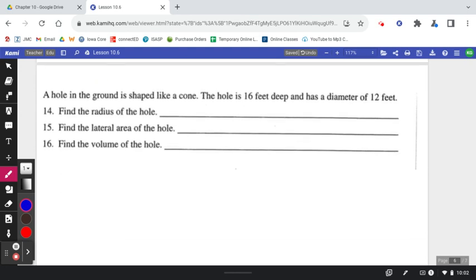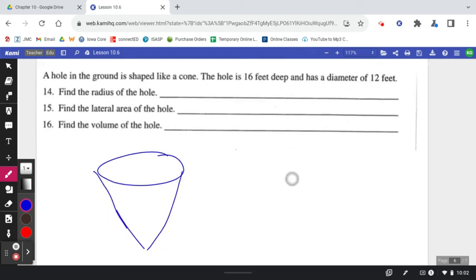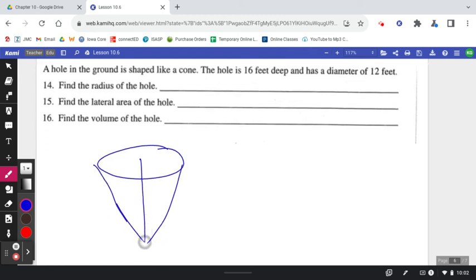A hole in the ground is shaped like a cone. The hole is 16 foot deep. It has a diameter of 12, which means the radius is 6. Find the radius of the hole. 6 feet. We're going to need the slant height here.